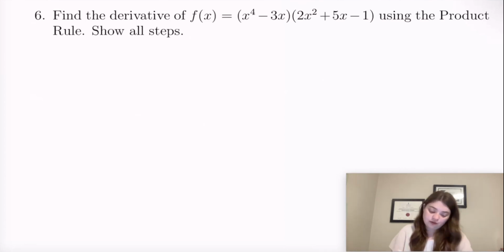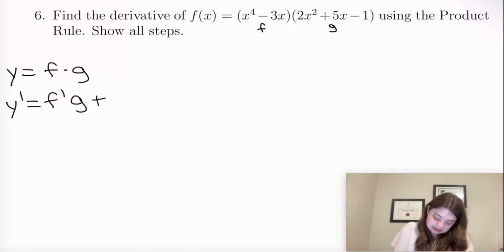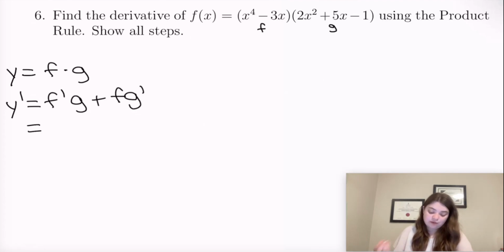Okay, so for product rule, let's say this is f and this is g. We know that if y is equal to f times g, then the derivative is equal to f prime g plus fg prime. Okay, so in that case, let's find out what those are.